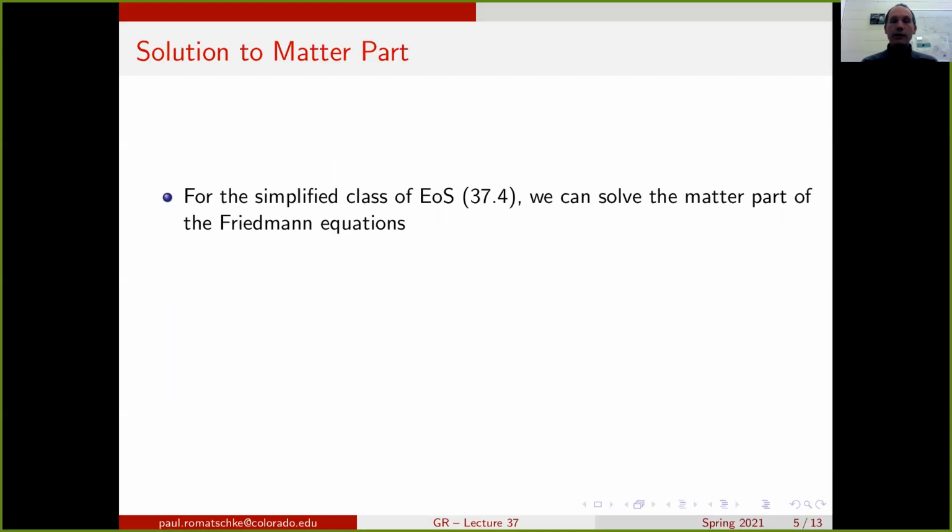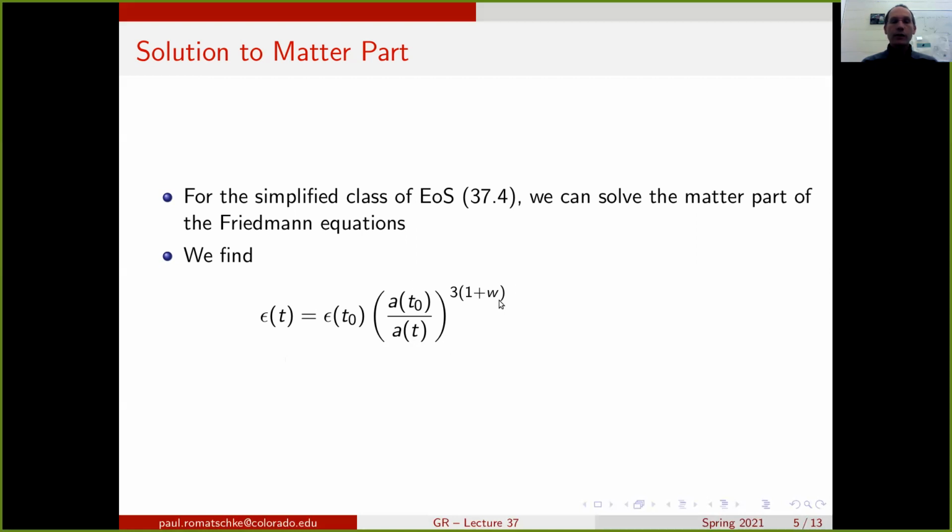Because it's a linear ordinary differential equation, it is straightforward to find a solution. We get that the energy density as a function of time is a constant times some power of the integrated Hubble parameter. This basically means we get a solution that involves the ratio of the scale factor at time t0 and time t to some power, where the power depends on the equation of state.